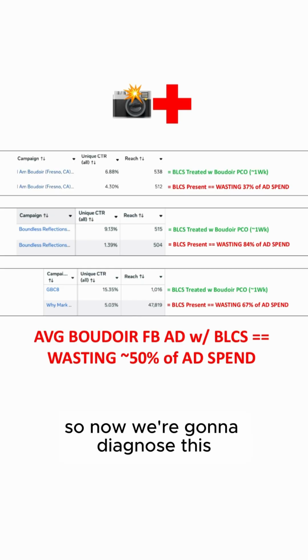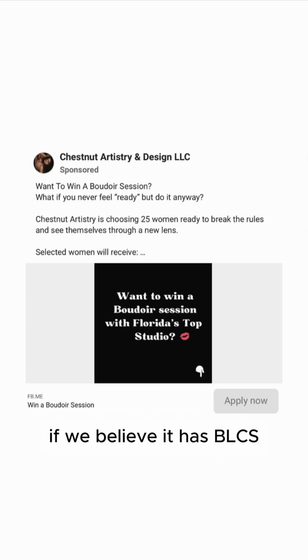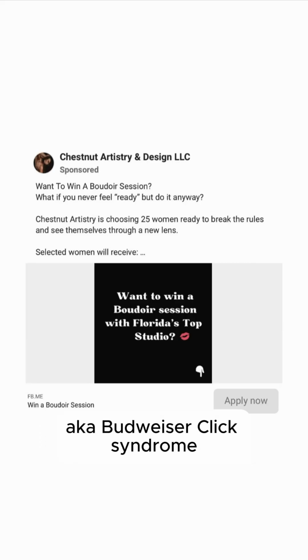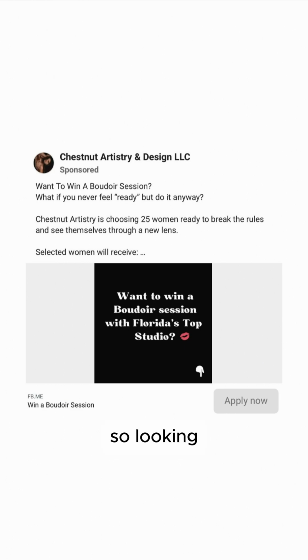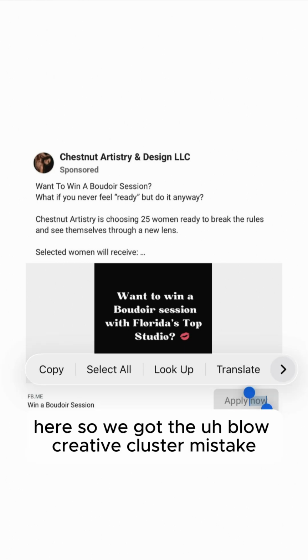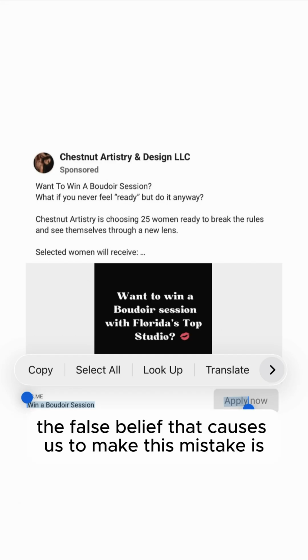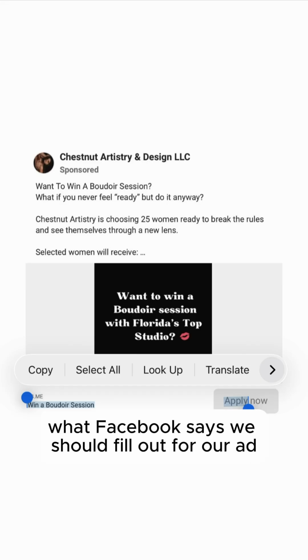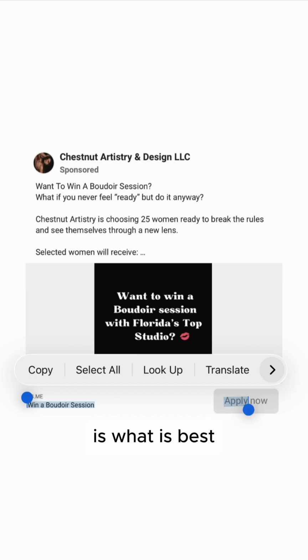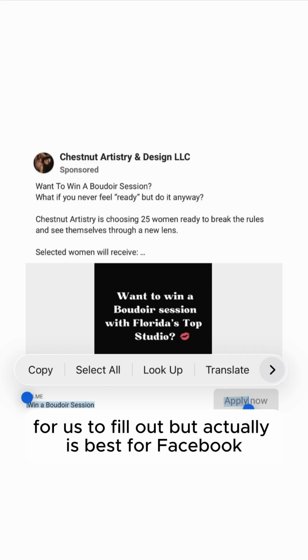So now we're going to diagnose if we believe it has BLCS, aka Boudoir low-click syndrome. So looking here, we got the below creative cluster mistake. The false belief that causes us to make this mistake is we're trusting what Facebook says we should fill out for our ad is what is best for us, but actually it is best for Facebook.